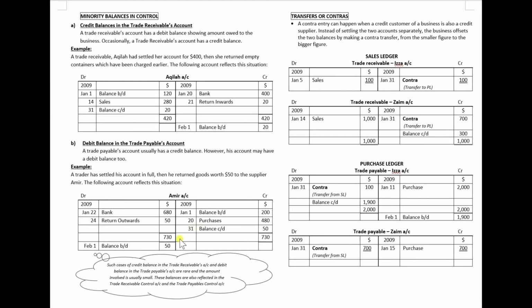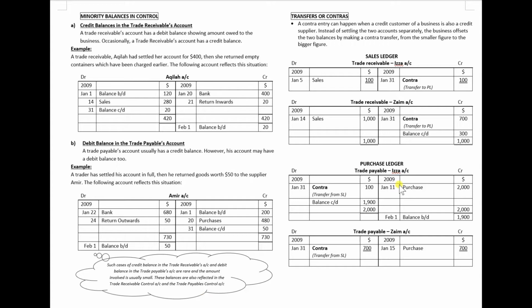So as you can see, carried down, brought down. So you can see Amil's account has a debit balance, okay? Minus. Okay. Such cases of credit balance in the trade receivable account and debit balance in the trade payable account are rare, and the amount is usually very small, okay? These balances are also reflected in the control account, okay?